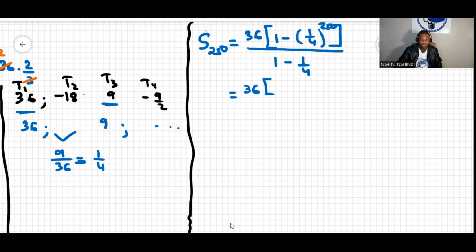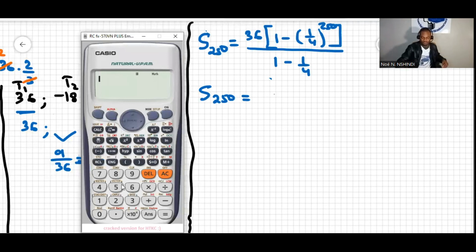And now we can just use the calculator to find this value. S250 will be equal to, let's use the calculator: 36, open brackets, 1 minus open brackets, a quarter, close bracket, to the power of 250, and then close brackets, all over 1 minus a quarter.